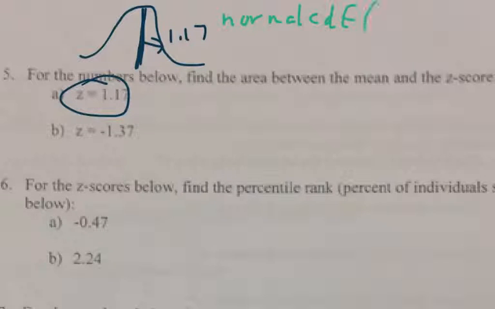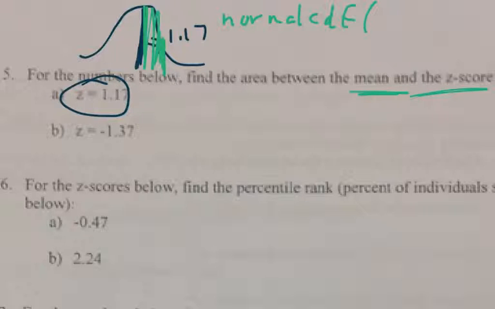Remember, it reads from left to right. So if I want that mark right there, oh, they did tell me between the mean and that z-score. So does everybody understand? I'm going from the mean to that 1.17 standard deviation mark, right? So what I have in green is simply represented by normal CDF, right?